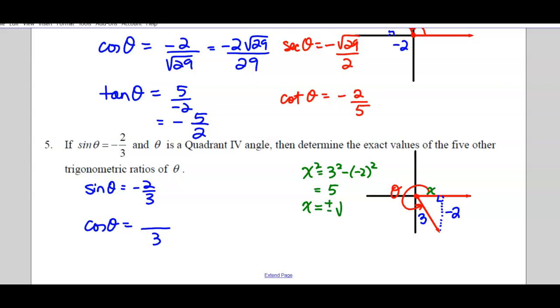So solving this, it could be positive or negative √5, but it's in quadrant 4, so it has to be positive here. So therefore x is positive √5.